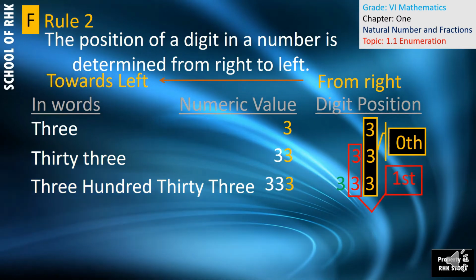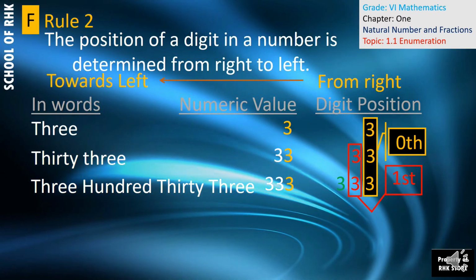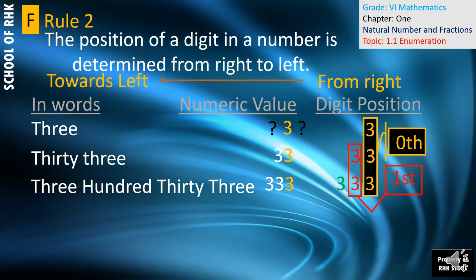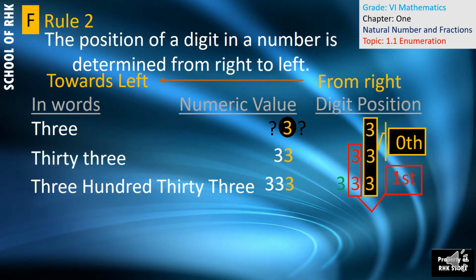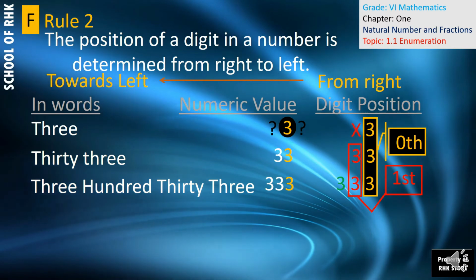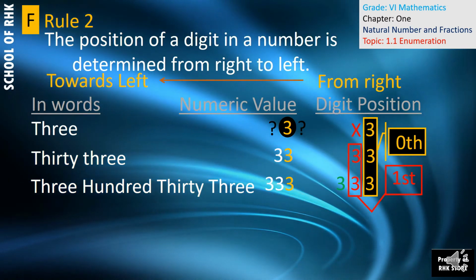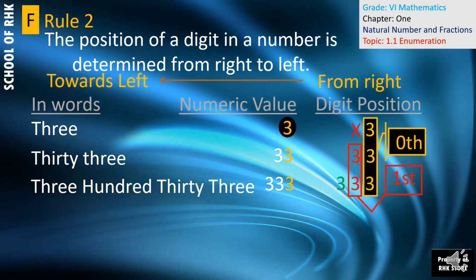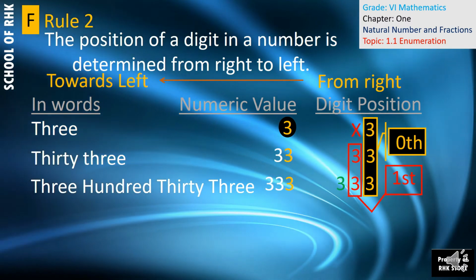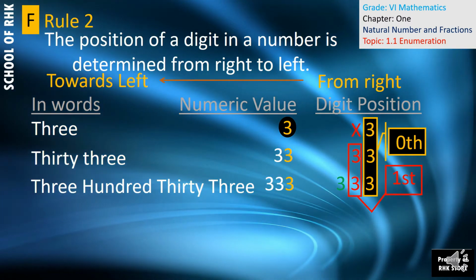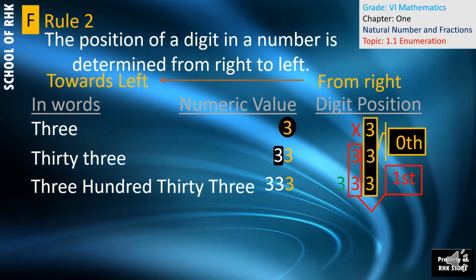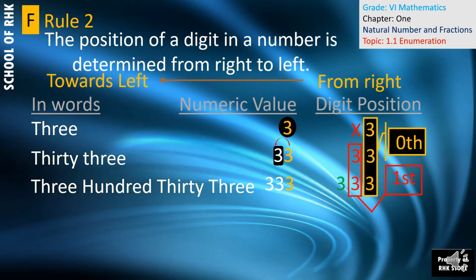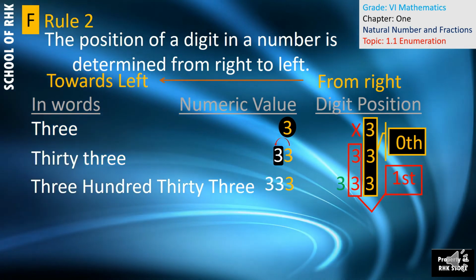First position. Since there is no other number to the right or left of the number 3, it has no digit in the first position. If we look at the position of the digits of the number 33, then there is a digit which is 3, considering the 0th or extreme right digit 3, on the left of it.